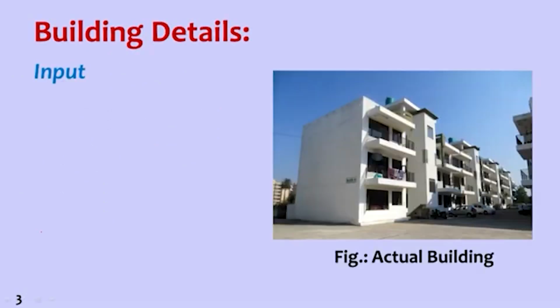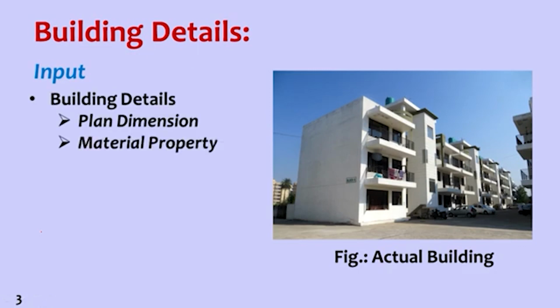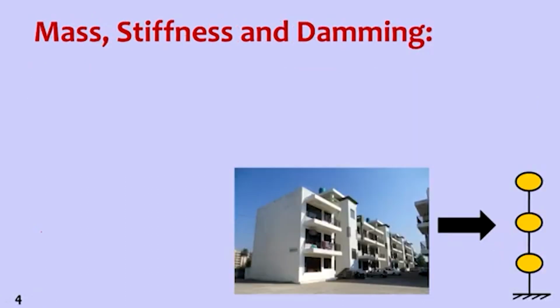So first, this is a building. How are we converting this building into a lumped mass system? As you can see, we need plan dimensions and elevation dimensions for fixing the mass of the structure at different floors, and then the stiffness of the floors. The mass of each floor is usually lumped at slab levels, say slab 1, slab 2 and slab 3.